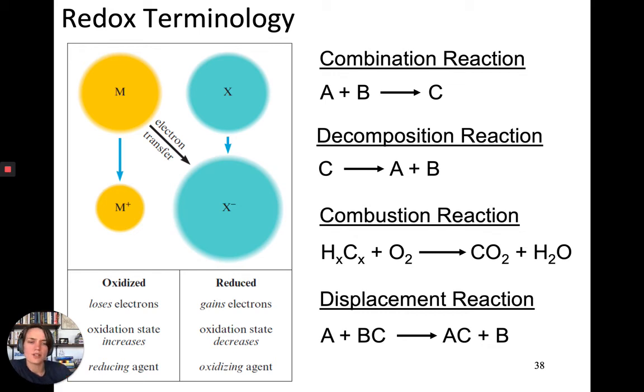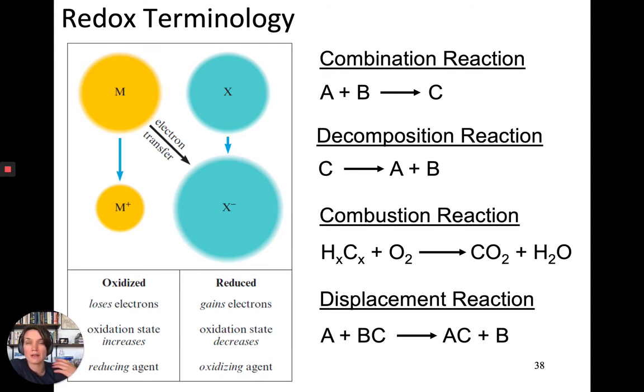And also you'll realize that there's kind of this flow to them where your key indication that a redox reaction has taken place is that you'll have a species by itself that is then combined in a more complex compound, or something in a more complex compound that is then on its own, right?